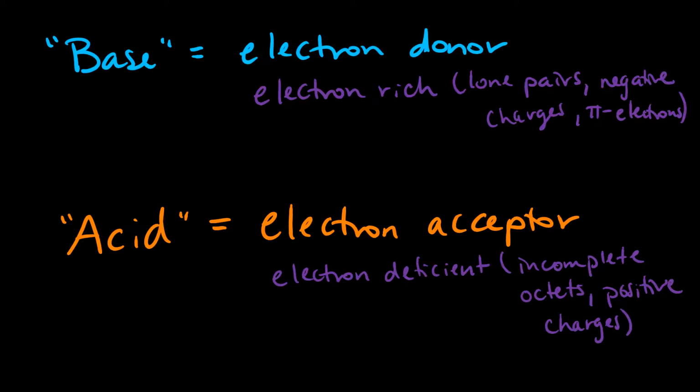And I want to give you two new names now that we've covered these concepts. When we talk about a base in terms of something that's electron rich, we actually are talking about what's called a Lewis base, but the term that you'll hear most often used to describe this is a nucleophile.